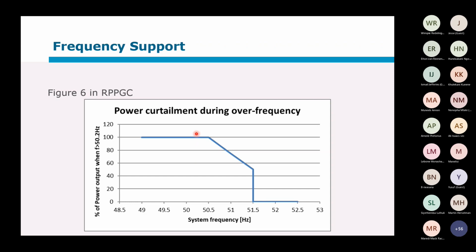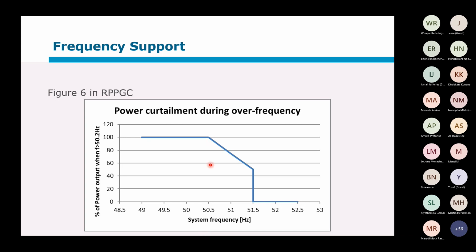And for those who haven't heard this story before, originally this just said, for instance, at 50.5 hertz, the embedded generators must disconnect. When you get to a point where you have a high penetration of renewable power plants, this can actually cause instability, which is what Germany experienced on a nice hot summer's day when the load was not high because everybody was at the beach.